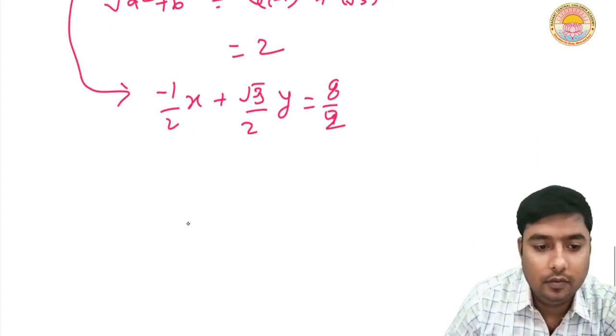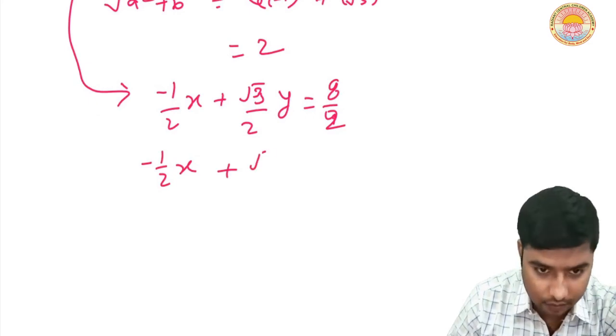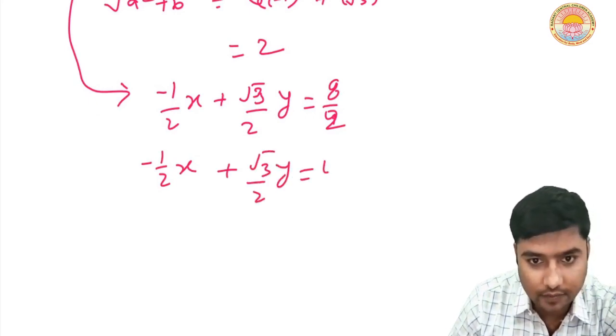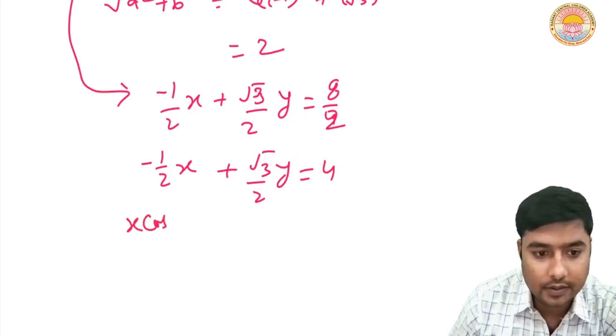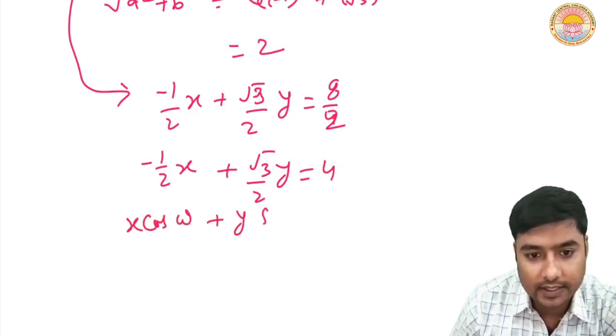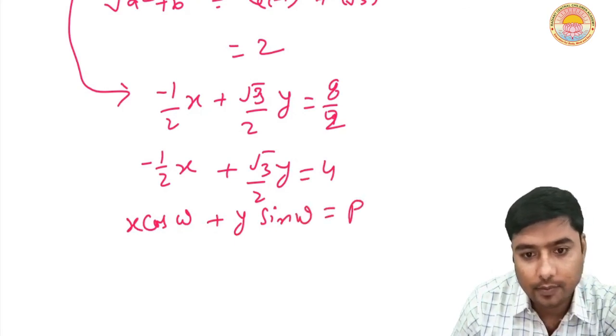Then we can write here minus 1 by 2 of x plus root 3 by 2 of y equals to 4. Then x cos omega plus y sin omega equals to p.